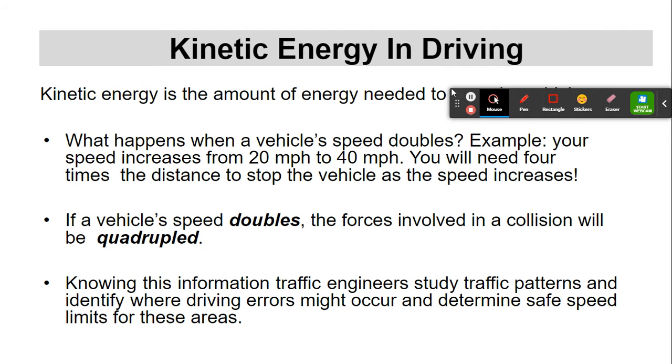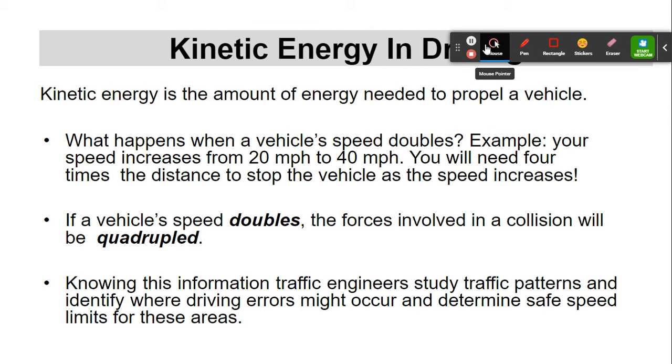All right. Kinetic energy in driving. Kinetic energy is the amount of energy needed to propel a vehicle. What happens when a vehicle's speed doubles? So, for example, your speed increases from 20 miles per hour to 40 miles per hour. Pretty common for us, right? You will need 4 times the distance to stop the vehicle as the speed increases.